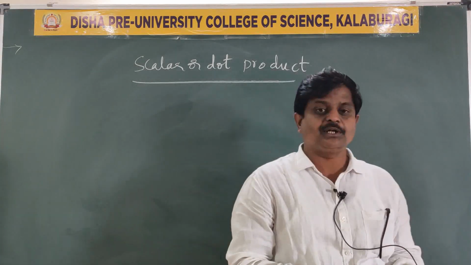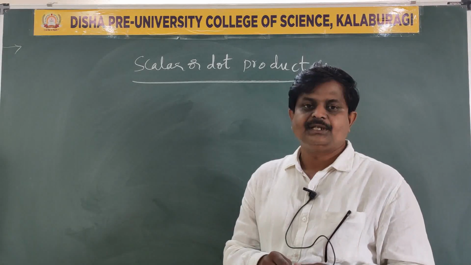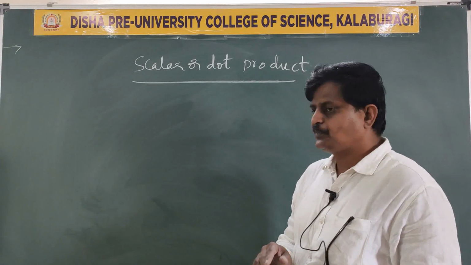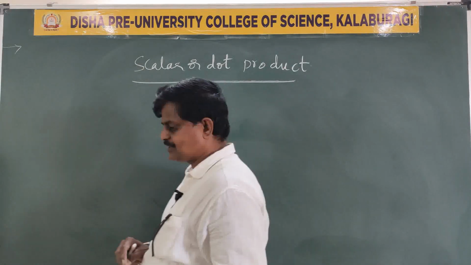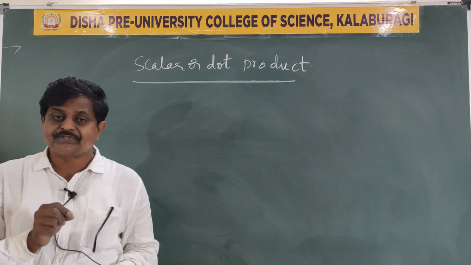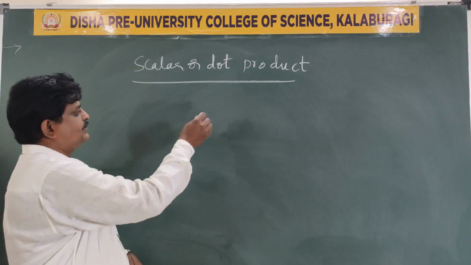So dot product of two vectors, that is say A and B, can be defined as, first of all, a product of magnitudes of the two vectors and cosine of the smaller angle between them. Let me repeat.